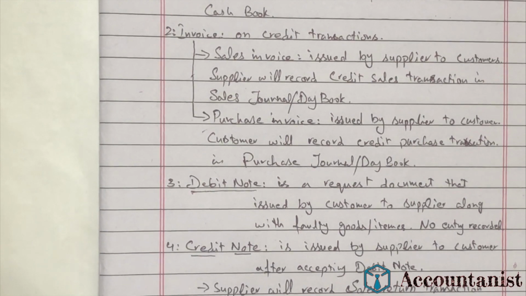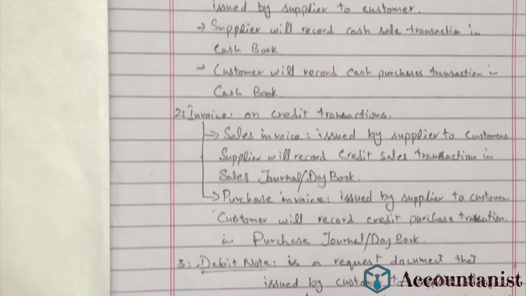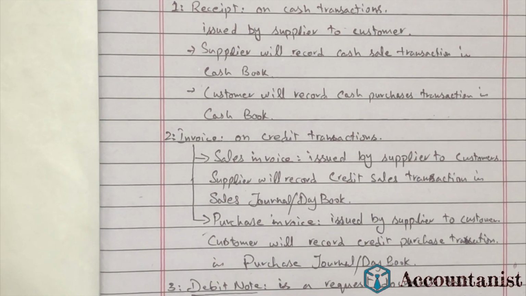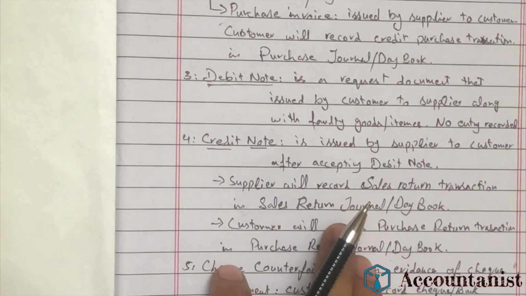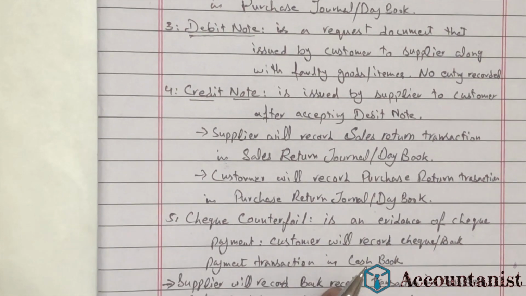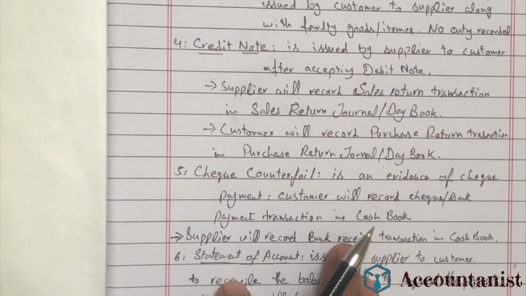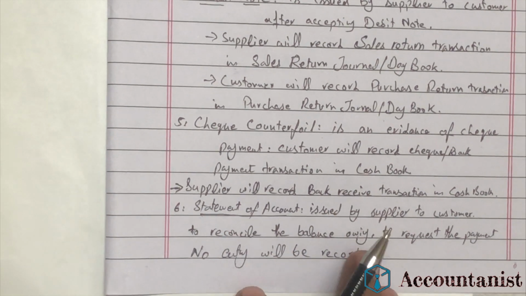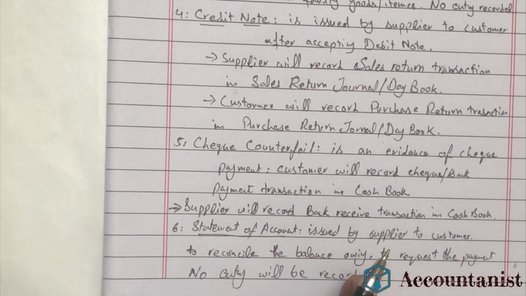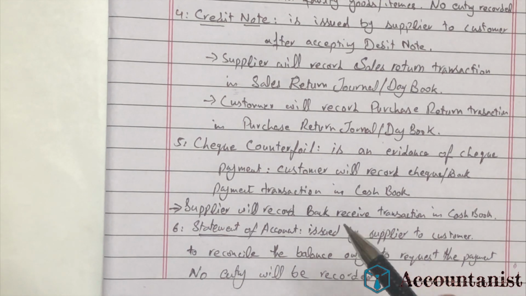It starts from the receipt, and then we have invoice, debit note, credit note, and we have cheque counterfoil and the statement of account. That's the last thing that we have here. So that's today's video.